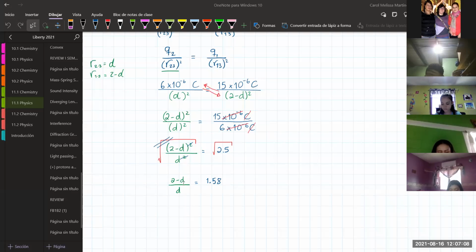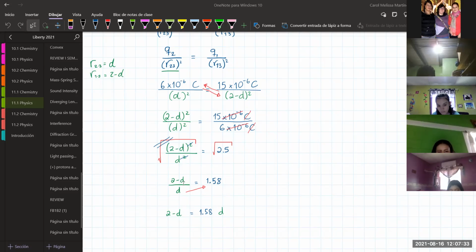I will change the position of this d. I will send it to the other side. It is dividing, so it goes to multiply. So you will have 2 minus d is equal to 1.58 multiplied times d, or just 1.58 d.